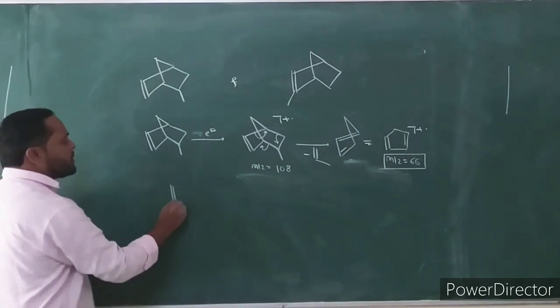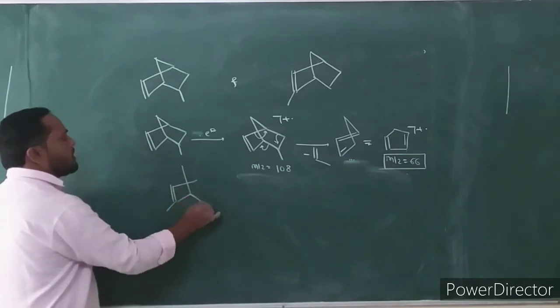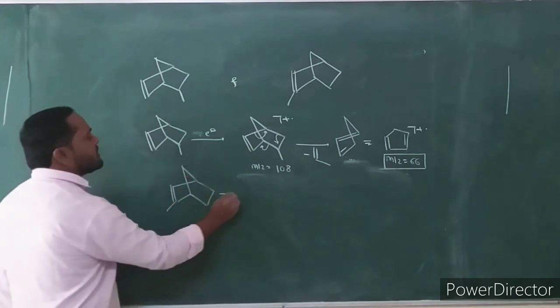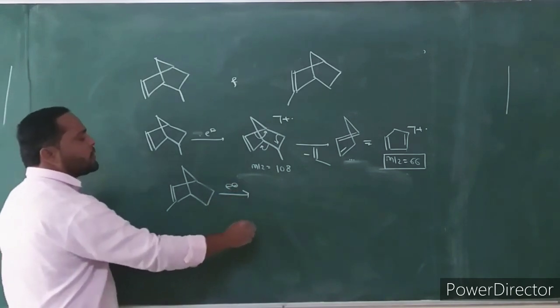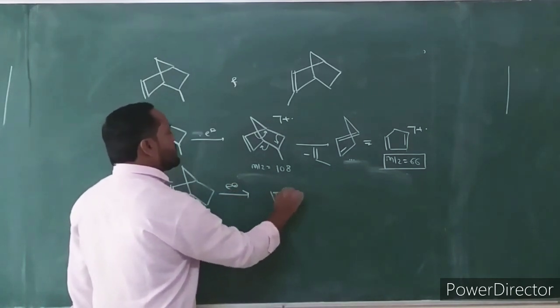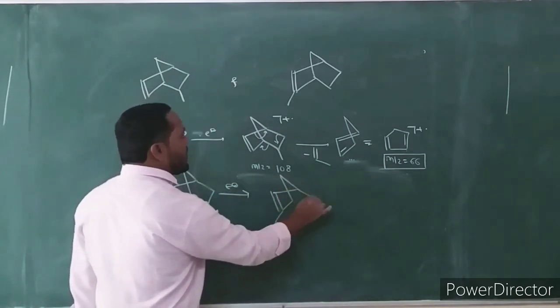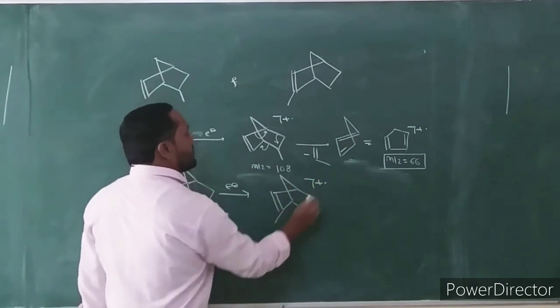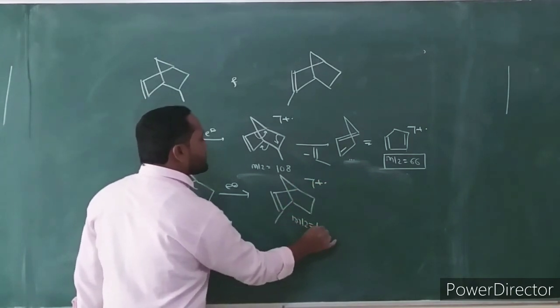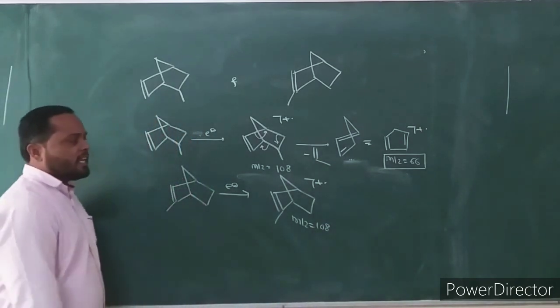On the other hand, consider the second compound. It also undergoes electron ionization. The molecular ion forms at the same mass to charge ratio 108.